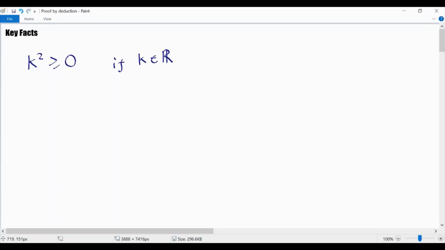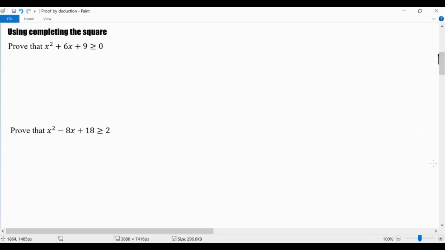You don't have to justify it, but quoting this fact is going to be very useful. Other useful facts are things like knowing how multiplying and dividing positive and negative numbers together works, all that sort of stuff. Anyway, let's launch straight into the first example, because that fact of something squared being greater or equal to 0 actually means we can start proving some things very easily.